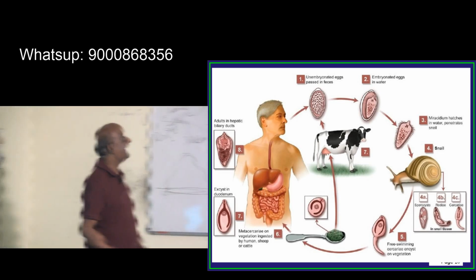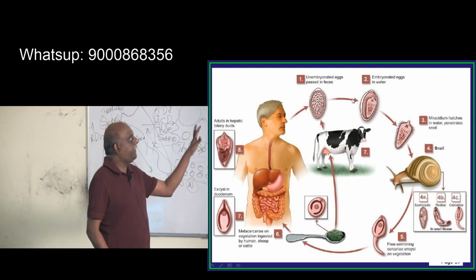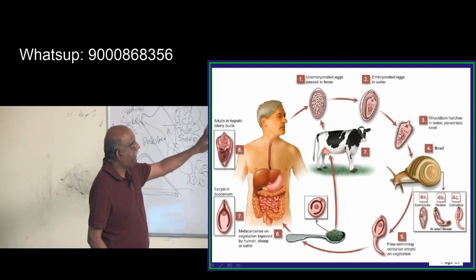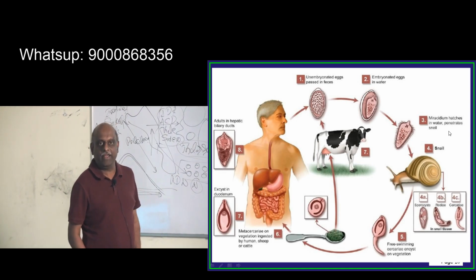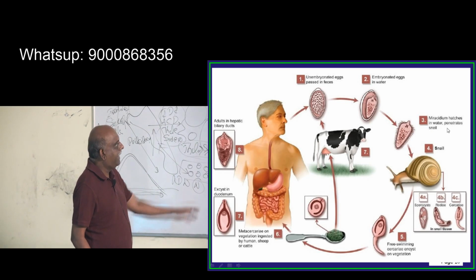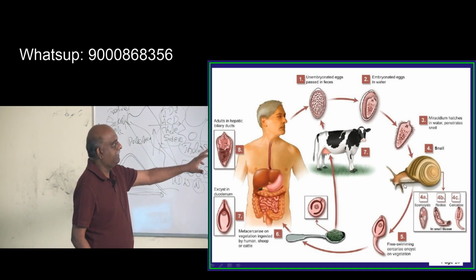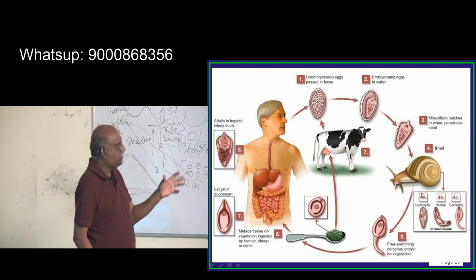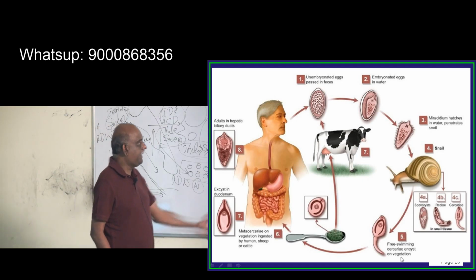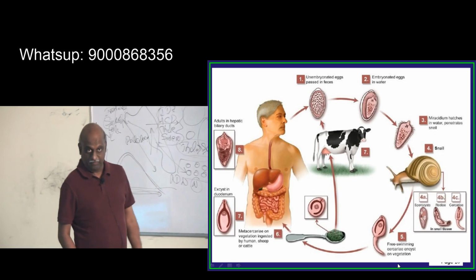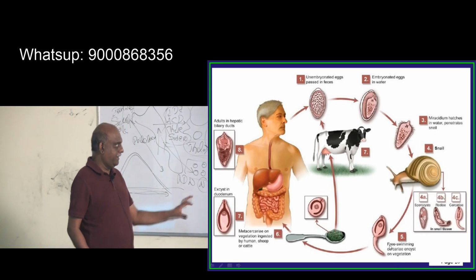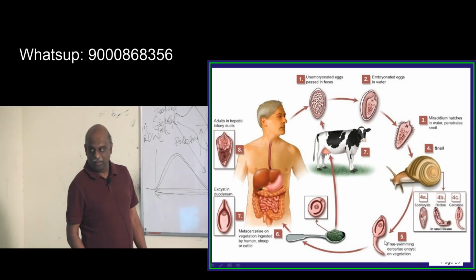Okay. So unembryonated eggs pass in the feces, embryonated eggs go to the water, and from there the miracidium larvae appear in the water, and the snail is the one which will be hosting it, and ultimately the free swimming cercariae come out of the snail and they will be sitting on the vegetation.